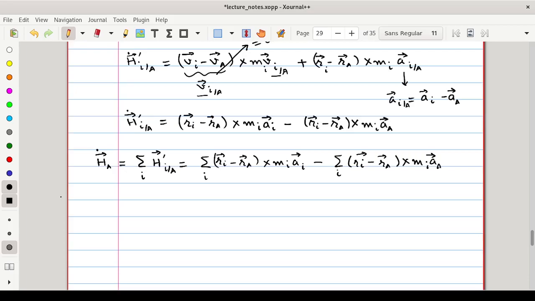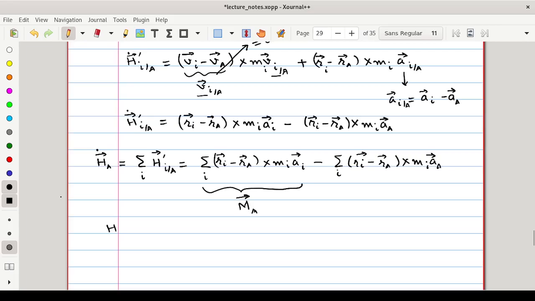Now this first term we have already seen is basically the sum of all external moments, because the moment of internal forces cancels out. This Mi ai, from Newton's second law, gives the external and internal forces acting on the ith particle, and there is its moment, but the moments due to internal forces cancel out over summation. So this is basically the moment about A of all external forces.